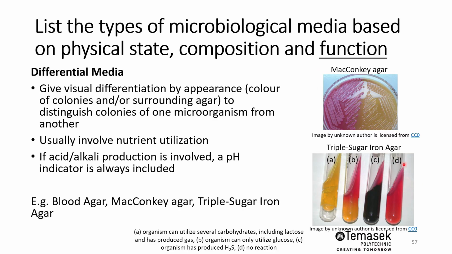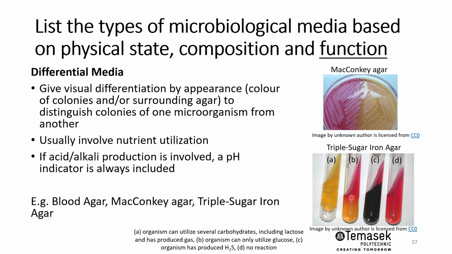It uses phenol red in this case as a pH indicator. It will turn yellow for acid conditions, red if it's an alkaline condition, as well as black to detect hydrogen sulfide production. In this case, the image here shows the slant of the triple sugar iron agar.